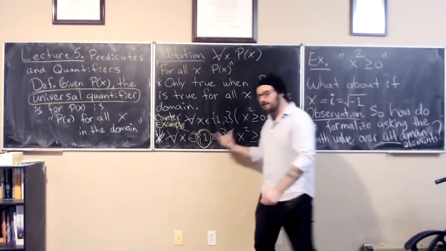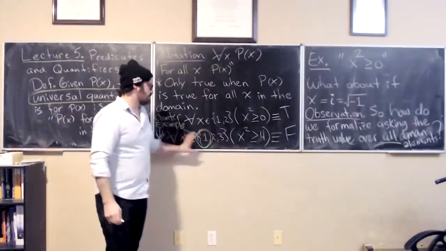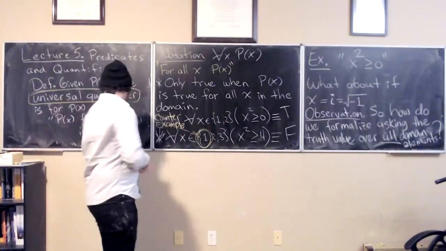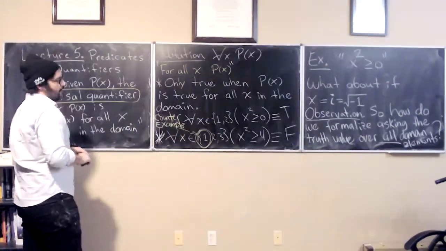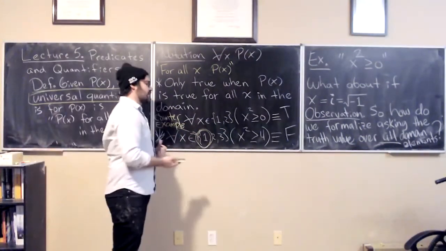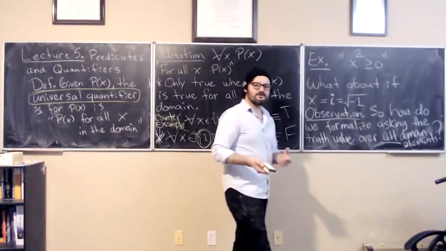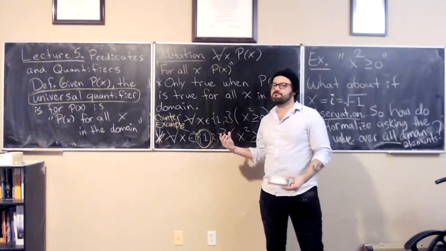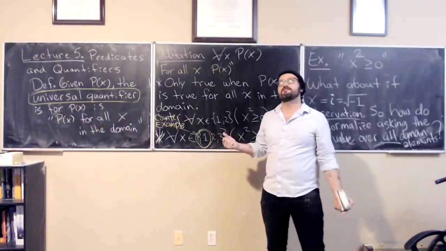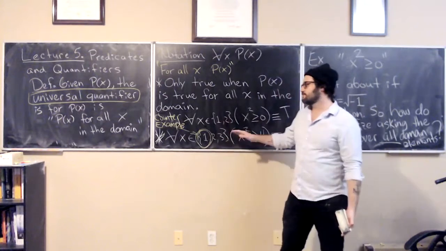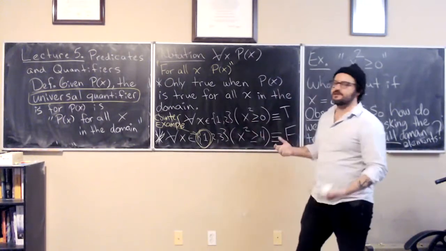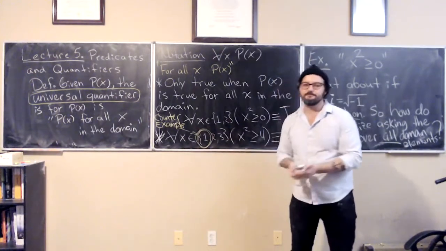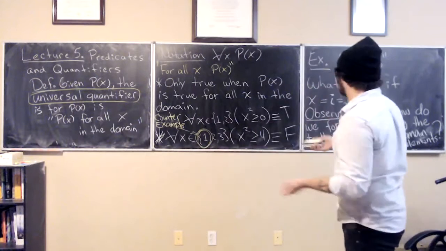That seems like another way of interpreting this quantification on that propositional function. So it might be the case that there's a relationship between a universal quantifier being false and the existence of a counterexample. The existence. Does there exist one? Right? And that leads me to the next definition.